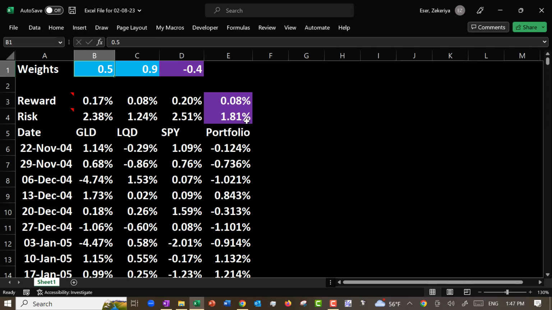Here I have only 3 assets. If I had 20 different ETFs here, each representing different asset classes, more often than not, the standard deviation of the portfolio would be actually less than the standard deviation of individual stocks. That's because of diversification. You're not putting all of your eggs into one basket.